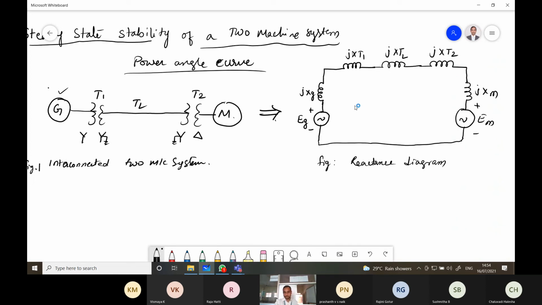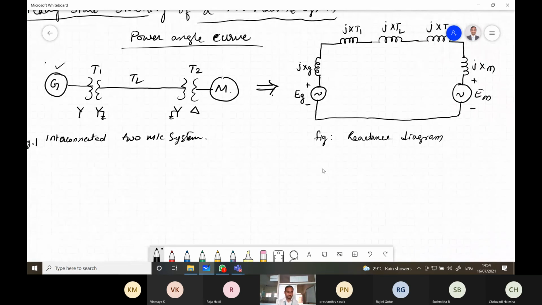So let's consider here EG at an angle delta. So initially the generator voltage with the rotor angle delta, in terms of degrees. This is called the internal EMF of the generator.